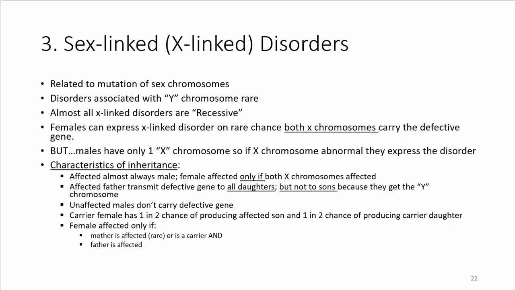The only way that women can get the disorder is if the mother is affected, or if the mother is a carrier and the father is affected. I know that sounds all complicated, but if you work it out with the Punnett square, you'll see it.